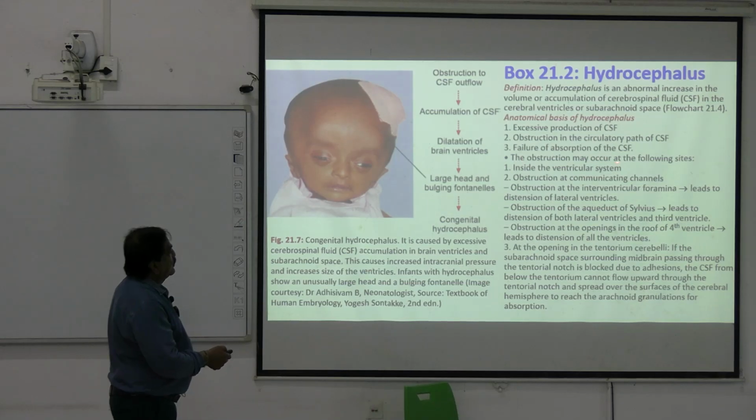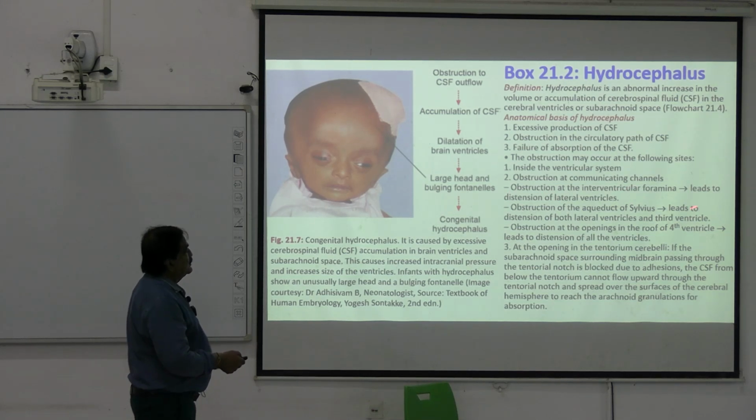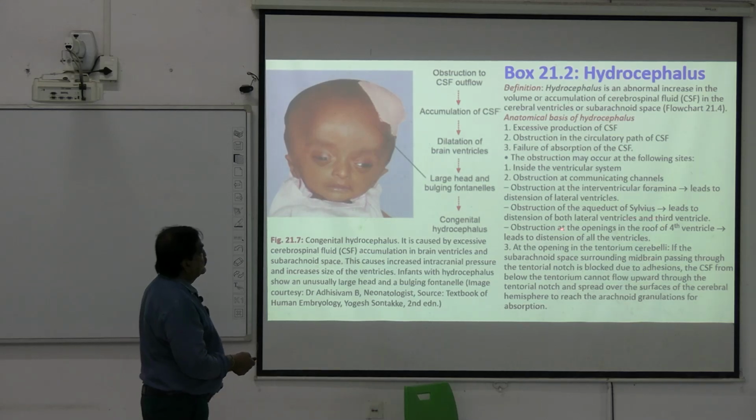The obstruction may occur at the following sites: inside the ventricular system, obstruction at communicating channels, obstruction at the interventricular foramina leads to distension of lateral ventricles, obstruction of aqueduct of Sylvius leads to distension of both lateral ventricles and third ventricle. Obstruction at the openings in the roof of the fourth ventricle leads to distension of all the ventricles.